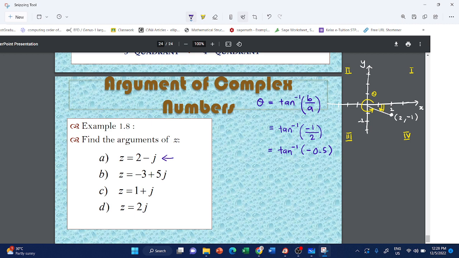Okay, so we wanted to know the value of your angle from your calculator. Okay, Vishnu, now you have it?